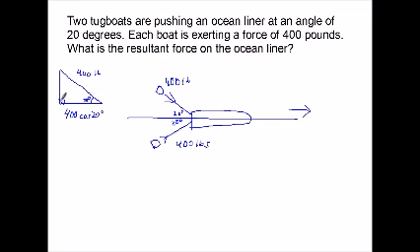The vertical piece, remember from back in your trigonometry, is going to be the vertical component along this side. This is opposite and hypotenuse, so this would be the sine. So this component looks like 400 times the sine of 20.